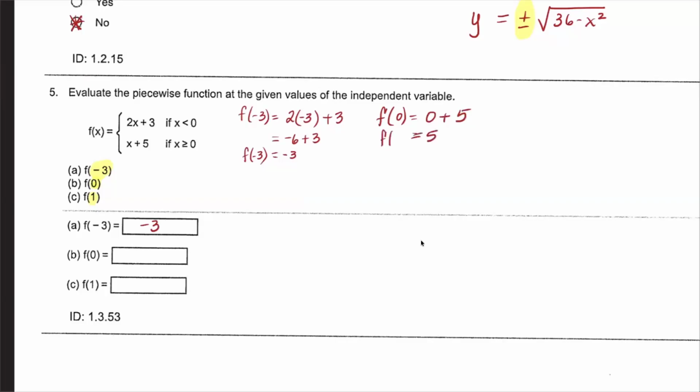So f of 0 equals 5. Then f of 1. 1 is greater than 0, so we're going to use the second piece again. So we'll replace x with 1, so that's 1 plus 5, which is simply equal to 6. So f of 1 is 6.